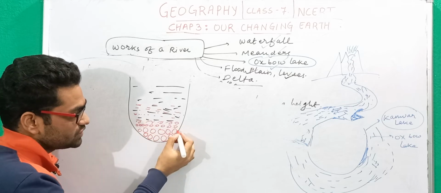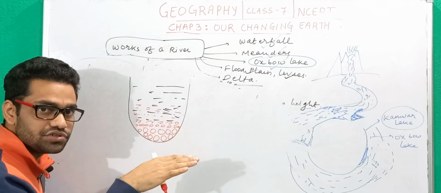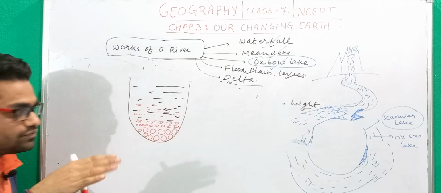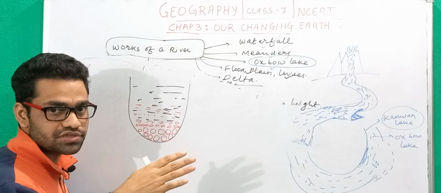Now the fragments which are smaller than these larger fragments get deposited when the speed of the flow of water starts reducing to some extent.